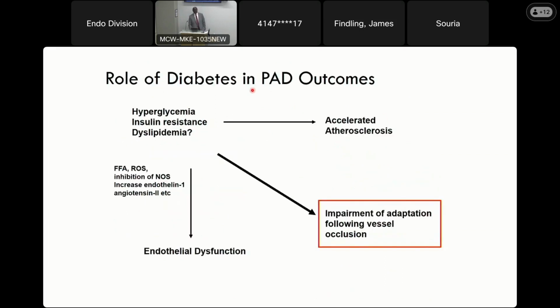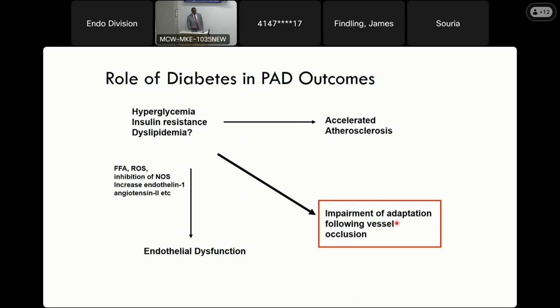When you think about the role of diabetes in PAD outcomes, there are a number of ways to think about this. You can think about the metabolic derangements that are associated with diabetes leading to accelerated atherosclerosis. These same mechanisms contribute to impaired endothelial function, but they can also impact adaptation following vessel occlusion.